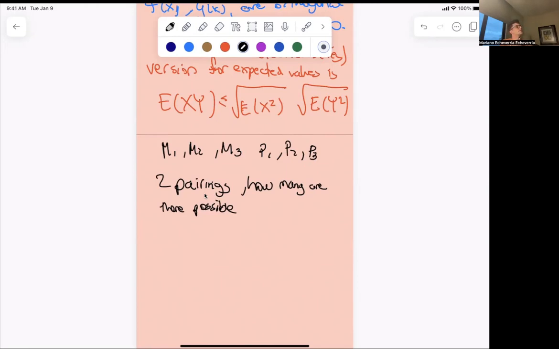Oh, but okay, let's see. The thing is the two pairings have to be made at the same time, right? It's not what you're really going to set, because we're making two pairings, we're selecting 4 people at the same time.